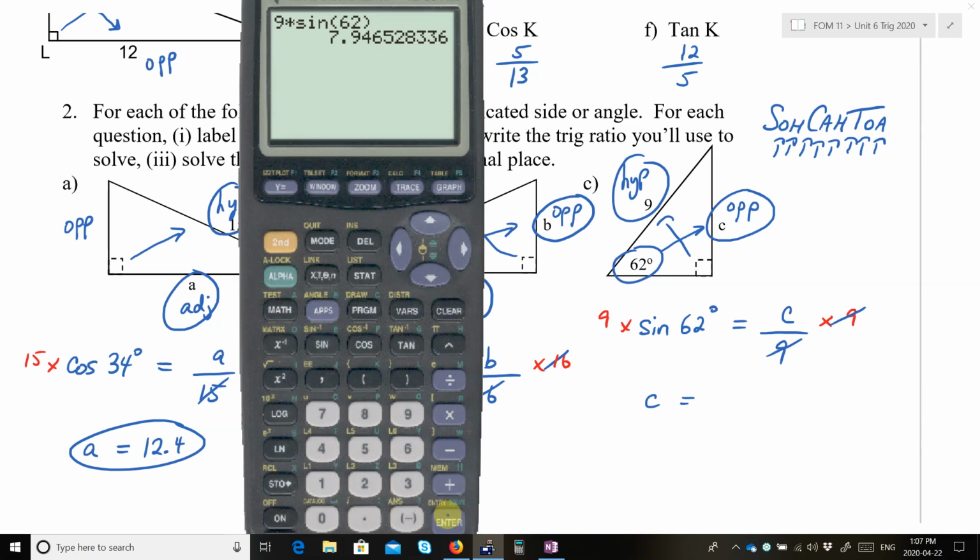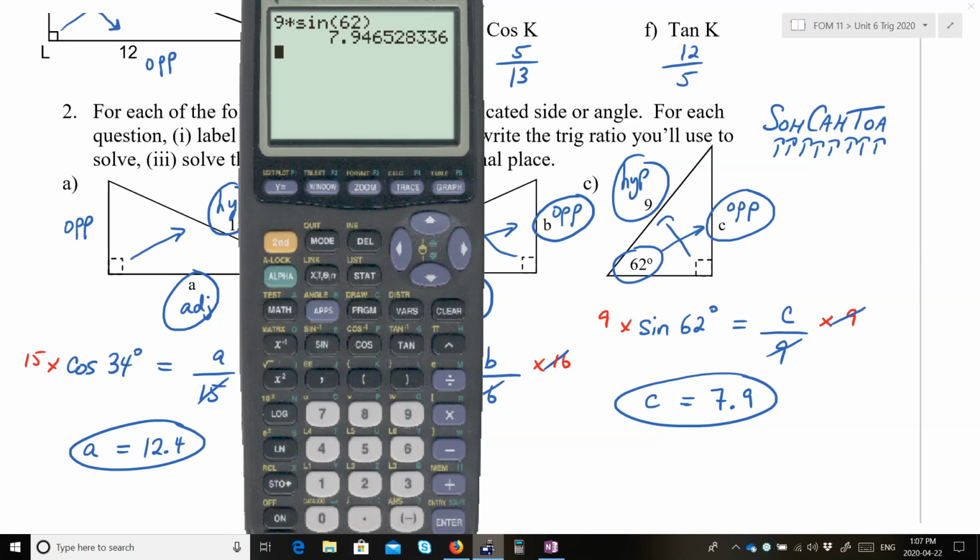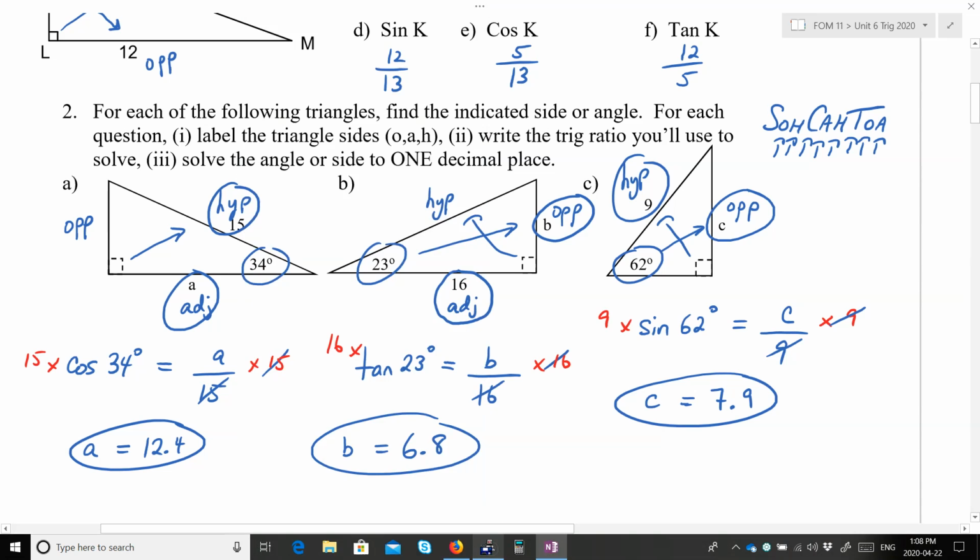And we get 7.9. Okay, the answer key in the back says 8.0, but that's not entirely rounded correctly because there's a 4 beside the 9, so that 9 would remain, so it should be 7.9.